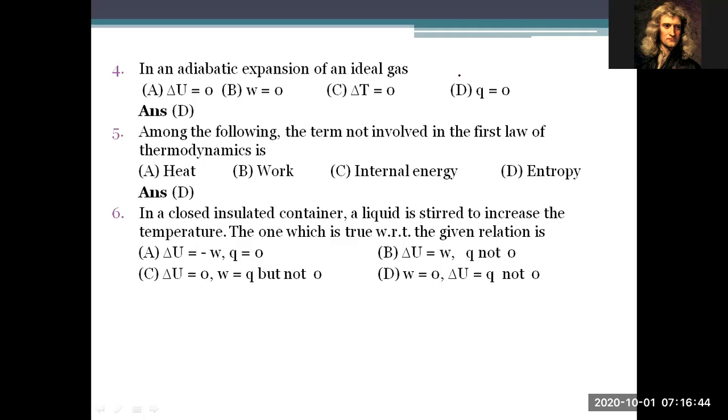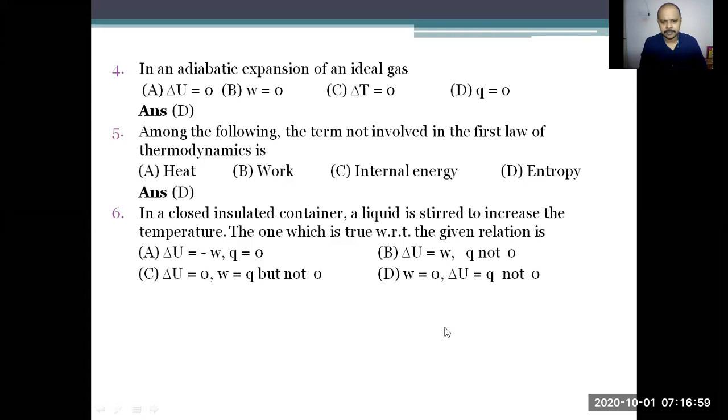When I say insulated, a perfectly insulated container becomes isolated.